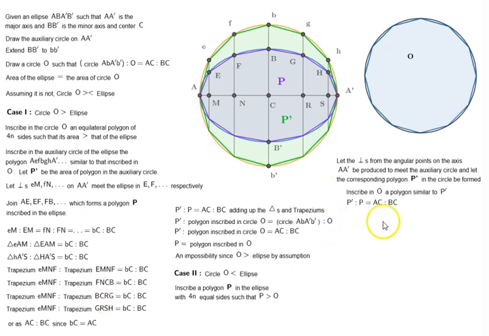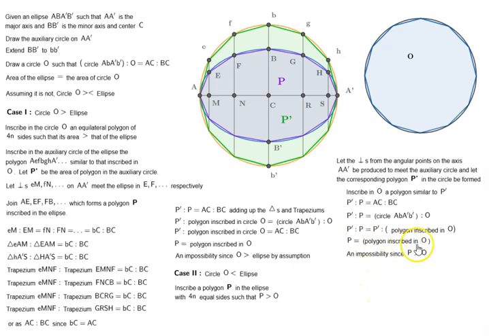Following the same logic, we will end up with P prime is to P as AC is to BC. P prime is to P as the circle, that is the auxiliary circle, is to O. So P prime is to P as P prime is to the polygon inscribed in O. P is equal to the polygon inscribed in O because P and the polygon inscribed in O have the same ratio with P prime. But that again is an impossibility.